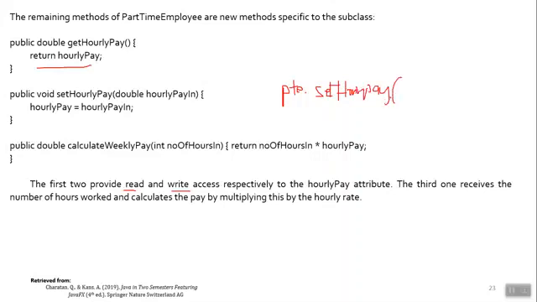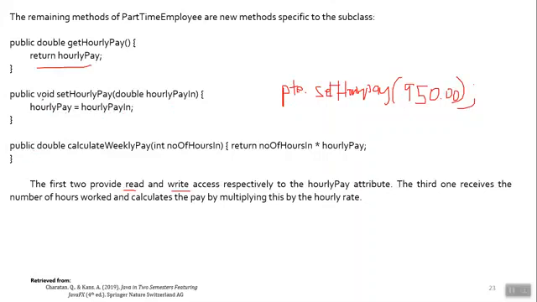Then inside is the double, so it should be decimal, for example 950.00. Okay. So the hourly pay from the PTE class would be set to 950. The previous value will be replaced by the value that is being set in our PTE.